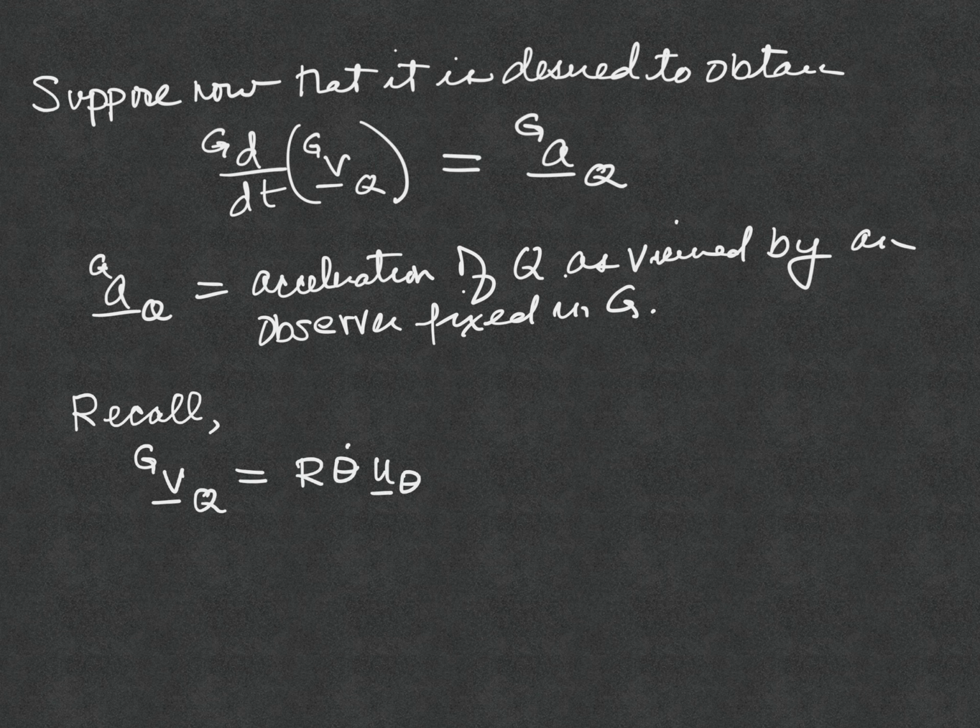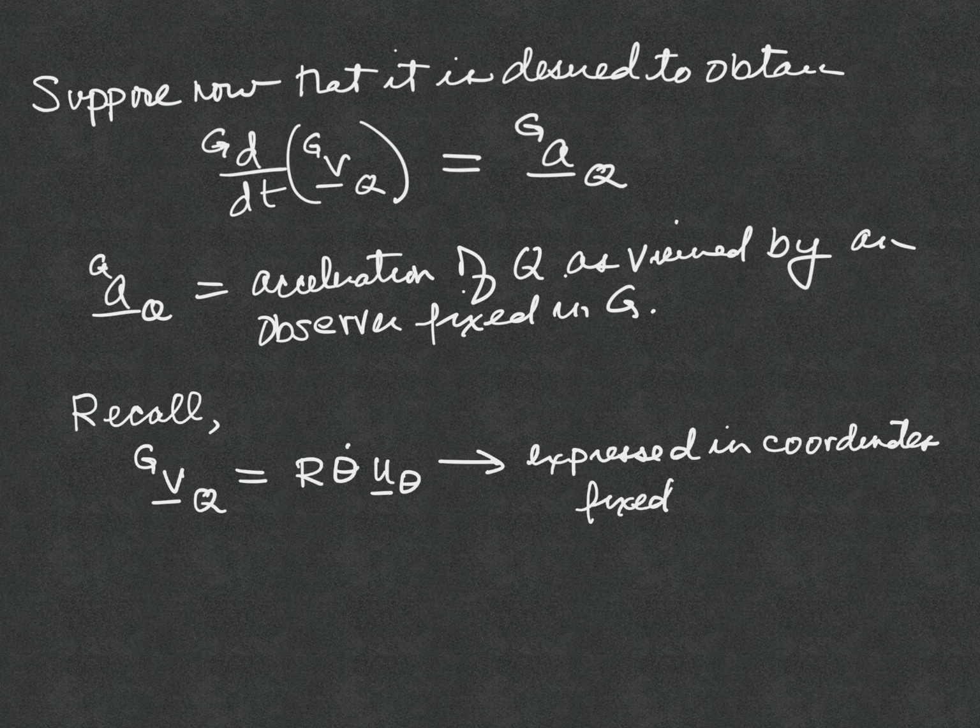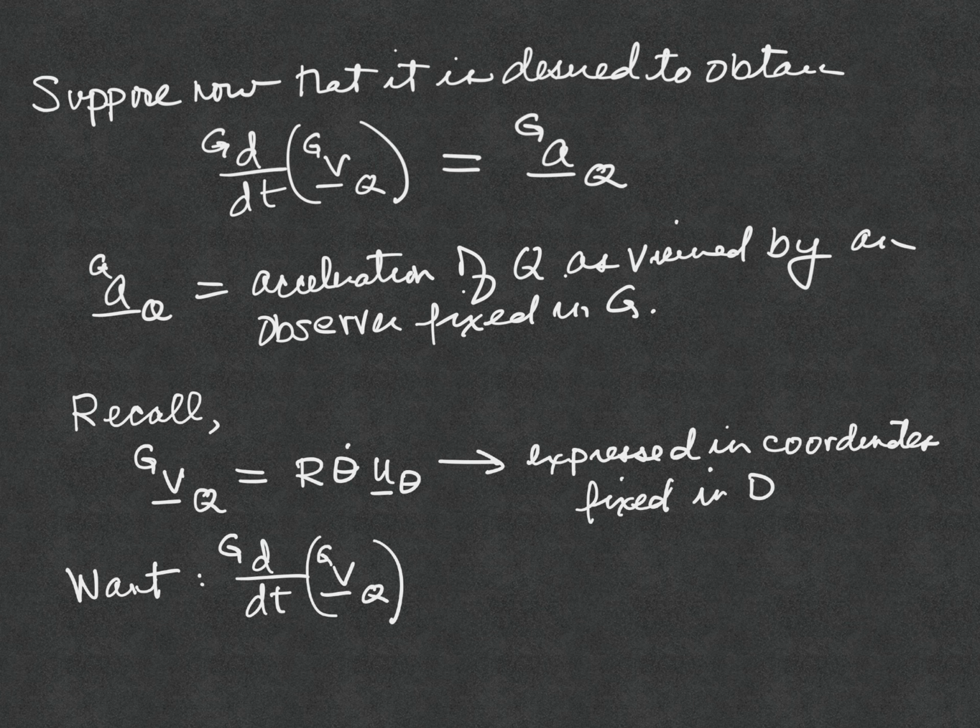Now, notice that this is expressed in coordinates fixed in D. But we want the rate of change in the ground of the velocity of point Q as viewed by an observer fixed to the ground.